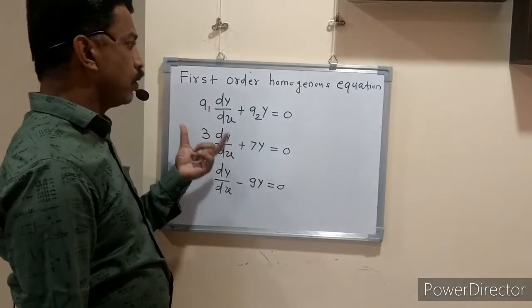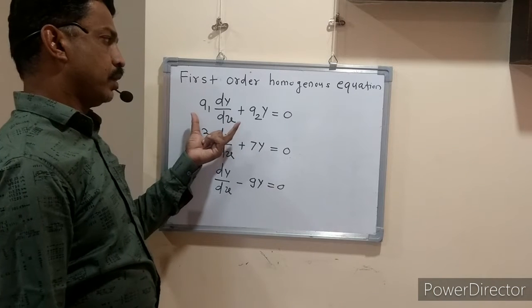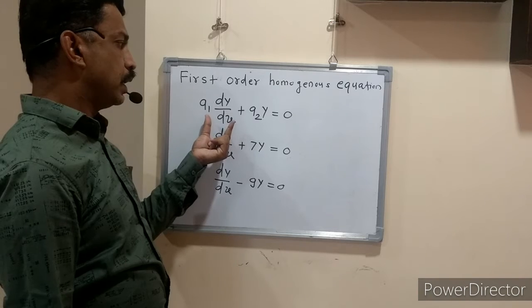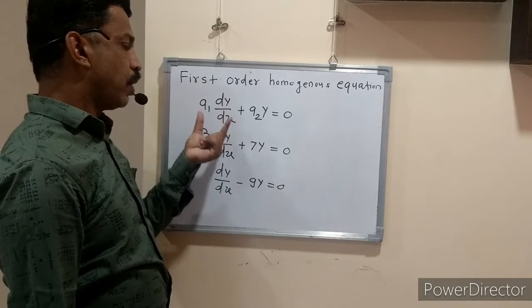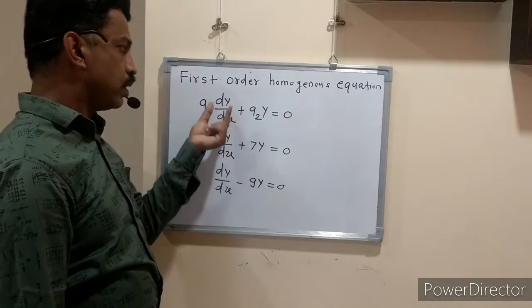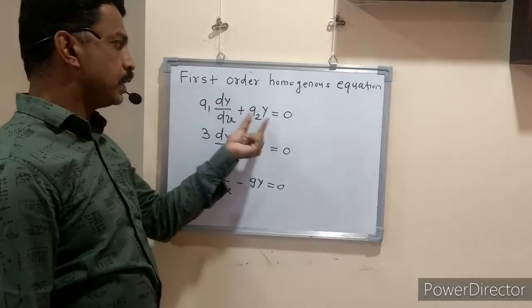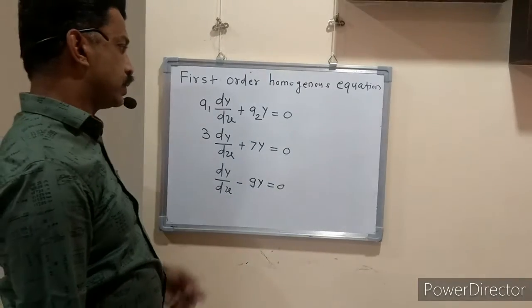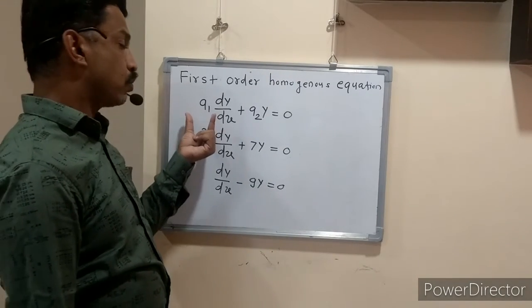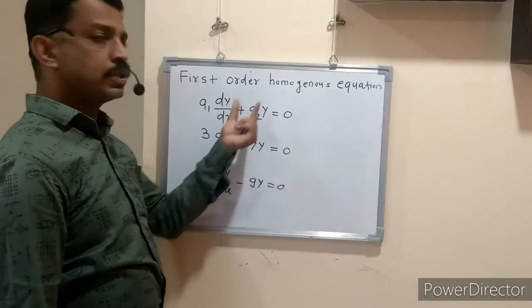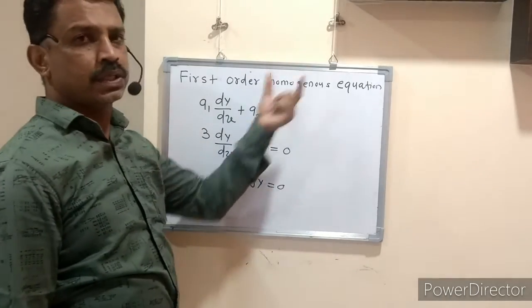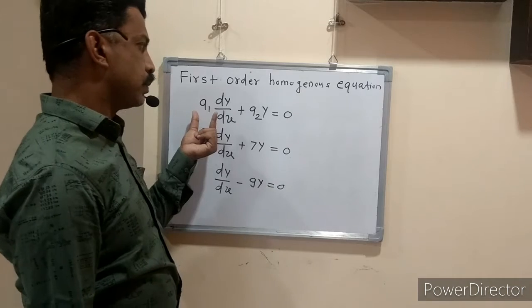So in this way we can understand: if any equation contains a derivative whose power is 1, it is known as first order, and if the dependent term y is present in the whole equation, then it is known as homogeneous equation with constant coefficients. Constant coefficients means a1 and a2, and it may be a1, a2, a3, many constants may be there.